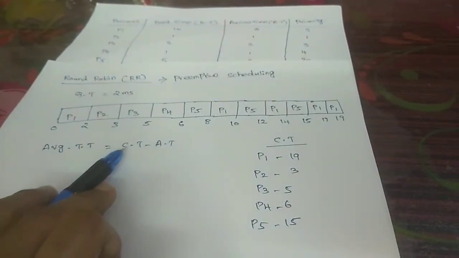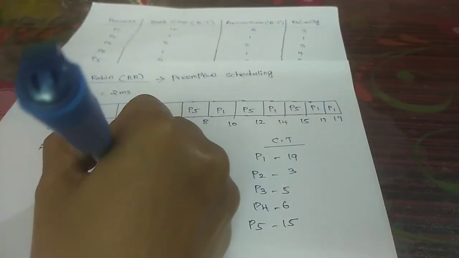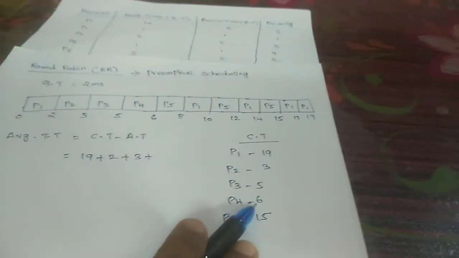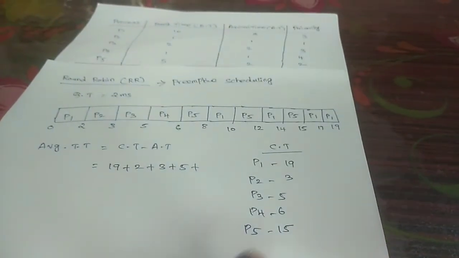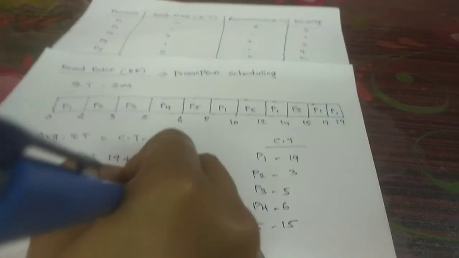For the first process, arrival time 0, we get 19. For the second process, we get 2. For the third process, it is 5 and arrival time 2, so we get 3. For the next process it is 6 and arrival time 1, we get 5. And for the last process it is 15 with arrival time 2, so it is 13. The sum divided by 5 equals 8.4 milliseconds.